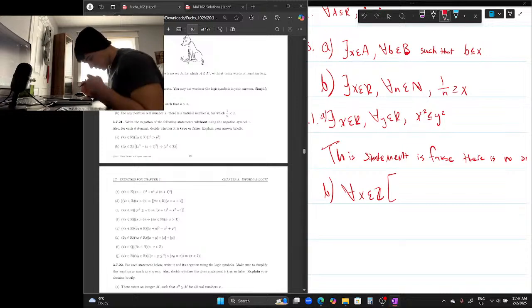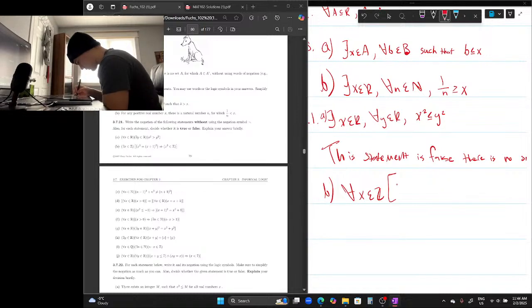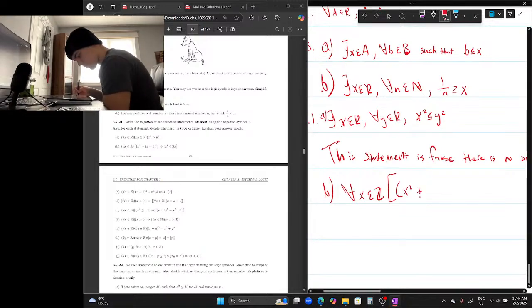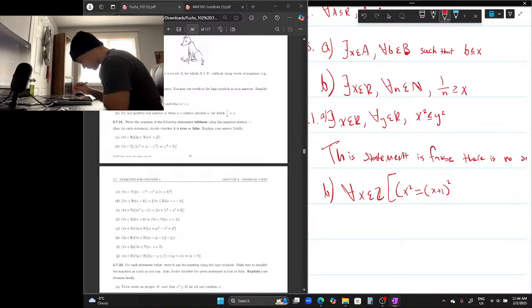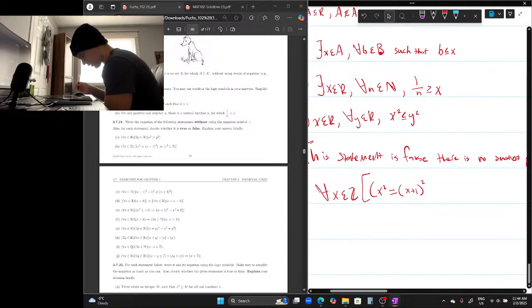So for all x in A, again, for implication, the statement remains the same. So x squared is equal to x plus 1 squared. Interesting statement.